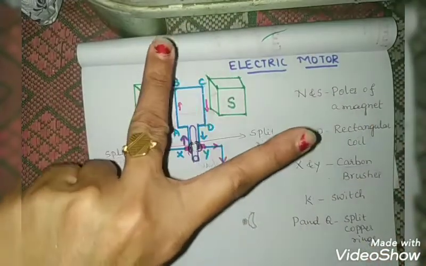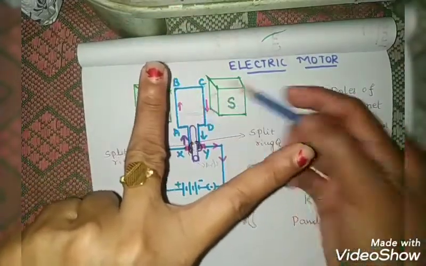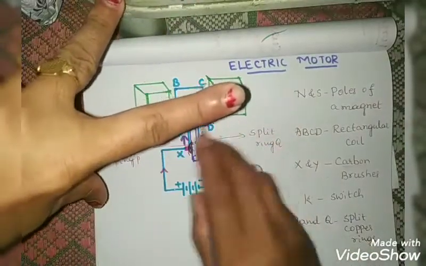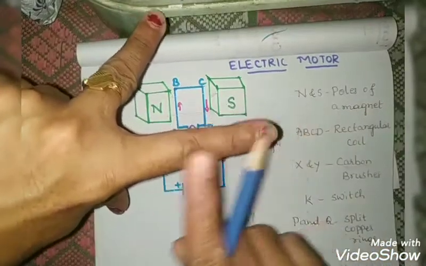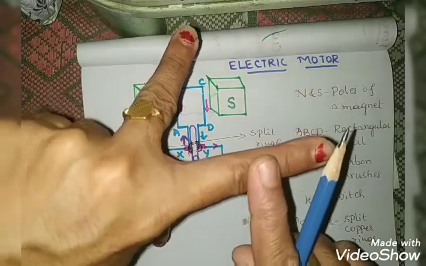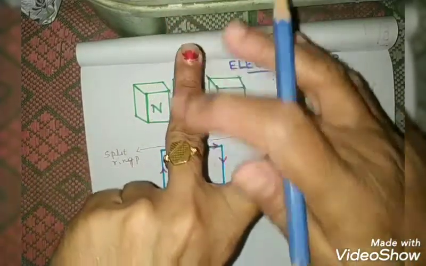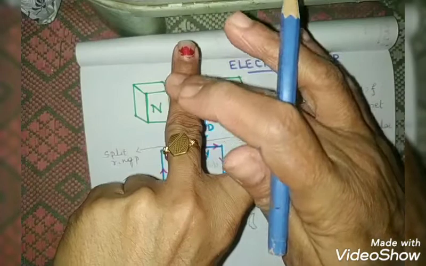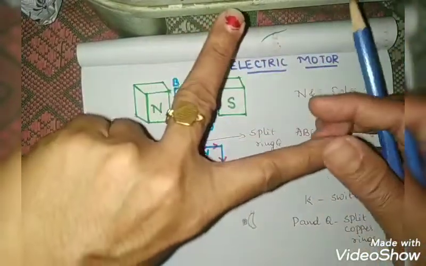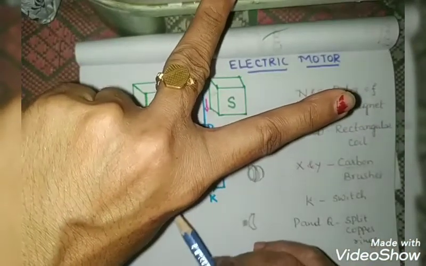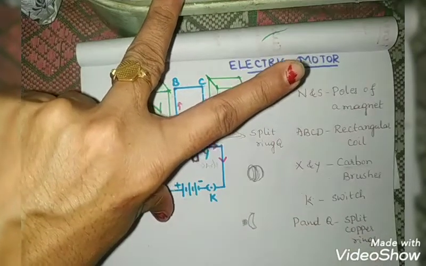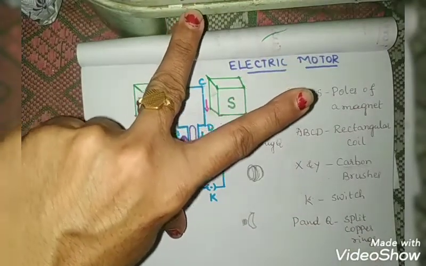So what happened now? You observe, children, here. This is the direction of the magnetic field. Am I right? You can observe here the magnetic field north to south. Correct? This is showing the direction of the magnetic field. Then here is the direction of the current. Here observe, children, the arrow mark is this way. So this is right. And what is the direction of the mechanical force experienced by the conductor, children? It is downwards.